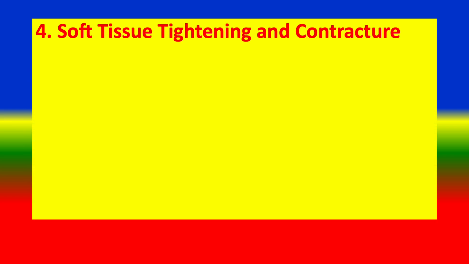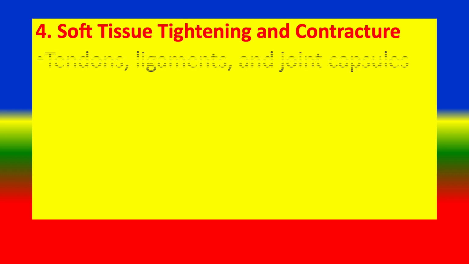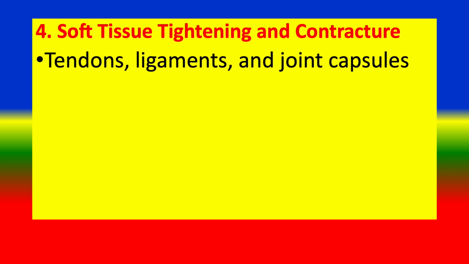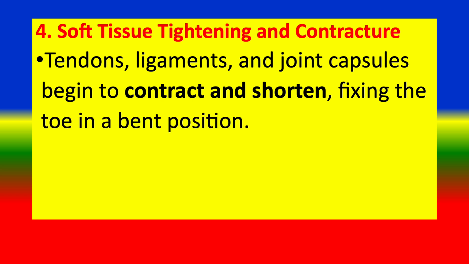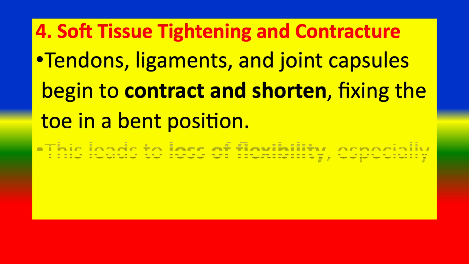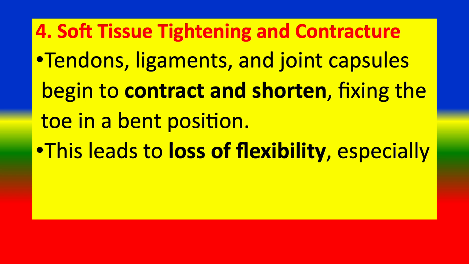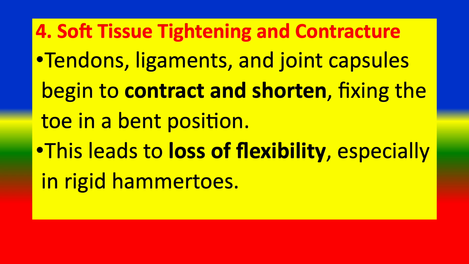Soft tissue tightening and contracture. Tendons, ligaments, and joint capsules begin to contract and shorten, fixing the toe in a bent position. This leads to loss of flexibility, especially in rigid hammertoes.